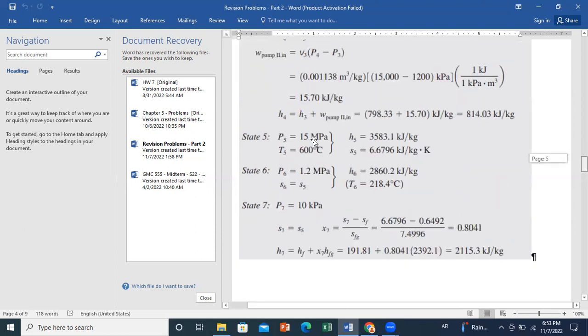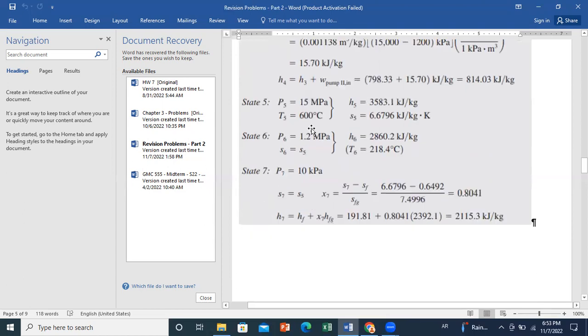Now, for point 5, as we mentioned, we use the superheated temperature. So we go to the superheated tables and we determine H5 and S5. Then, since we have an isentropic process in the turbine, using S5 equal to S6 and knowing the intermediate pressure, we can calculate H6. Please pay attention here.